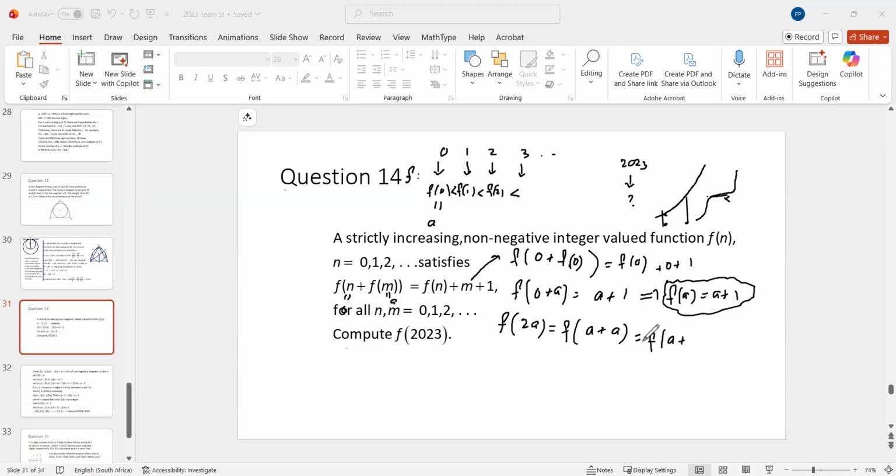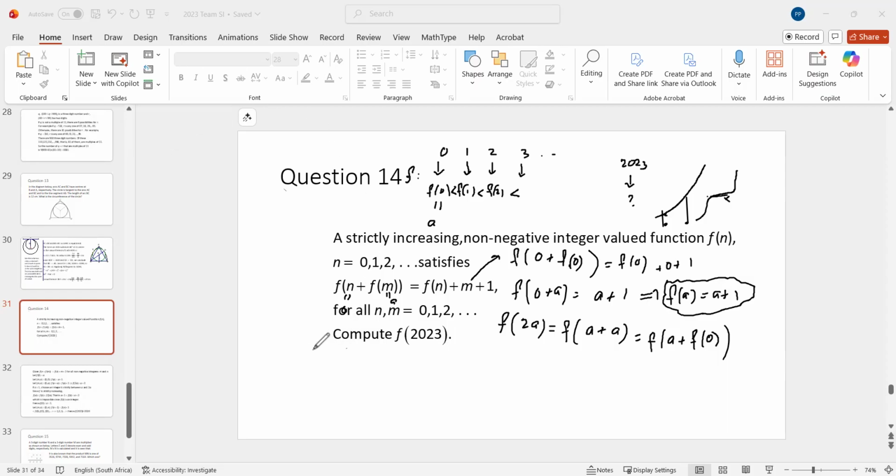I'm going to put a, and the second a I'm going to make f(0).